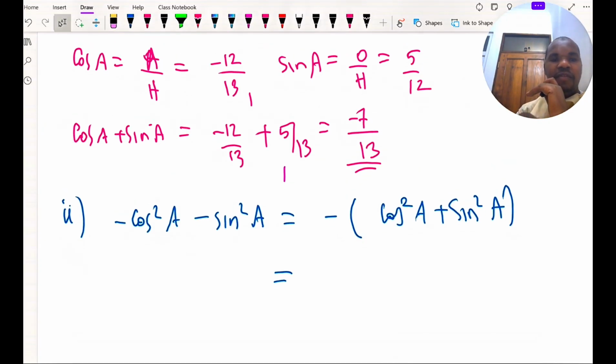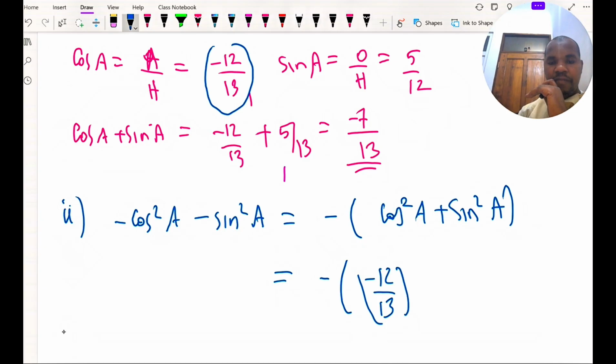We have already found them here. So cosine A is -12/13. So this is -12/13 square plus sine square A, which is 5/13.